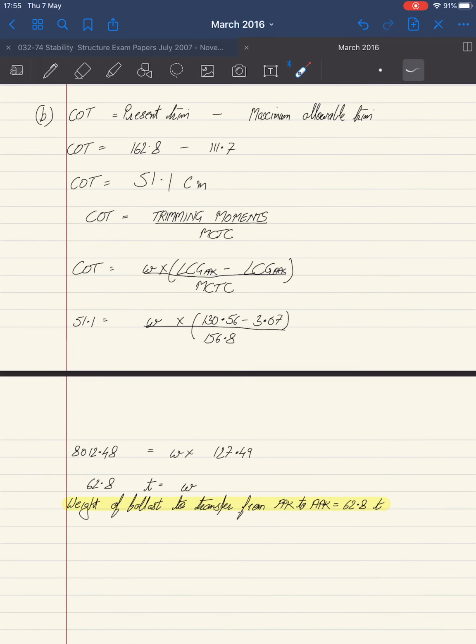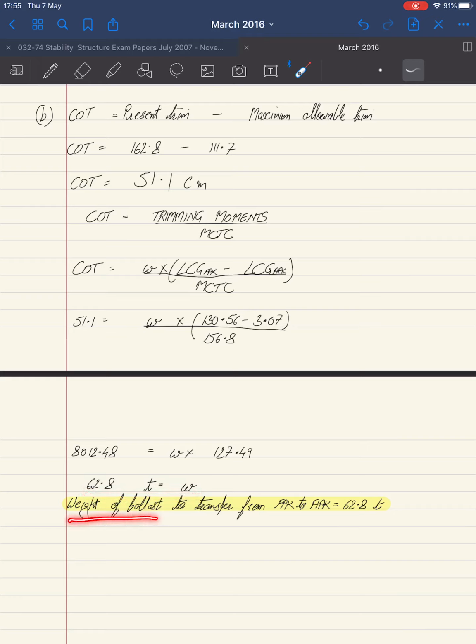When we solve this equation, we will take 156.8 on the left hand side and multiply it with the numerator. So we'll get 8012.48 equals W times 127.49, which is the difference of these two numbers. So weight is equal to 62.8 tons.